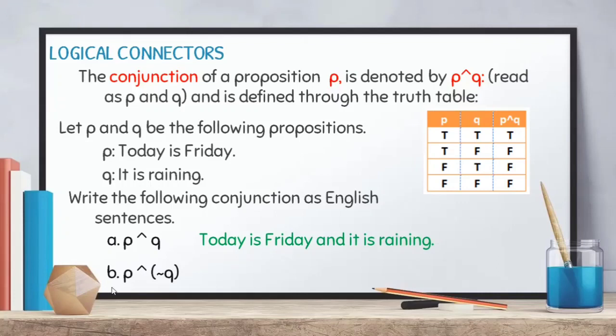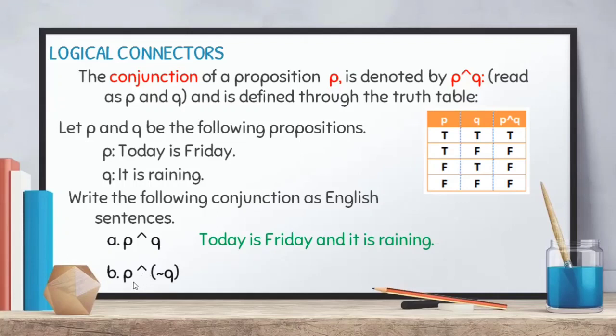Okay? How about this one for our letter B? So we have our proposition P, then followed by our and, then we have to negate our proposition Q. If we're going to negate your proposition Q, it is raining, this time we're going to insert the word not after your linking verb is. So it will become it is not raining.